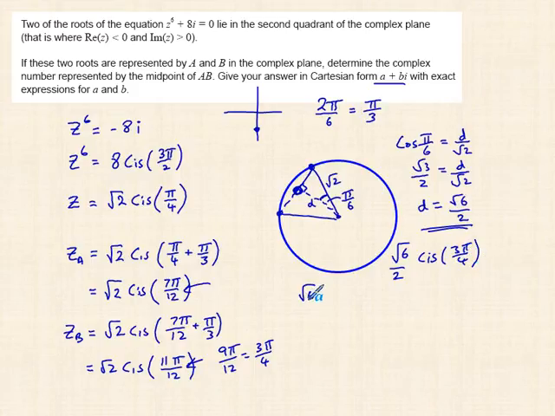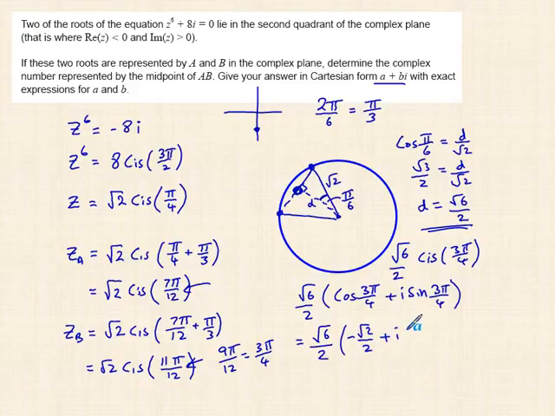So that's root 6 over 2 cos 3 pi by 4 plus i sine 3 pi by 4. Now, the cosine of 3 pi by 4 is negative root 2 over 2, and the sine is root 2 over 2.